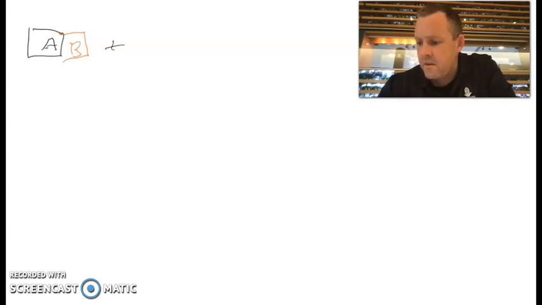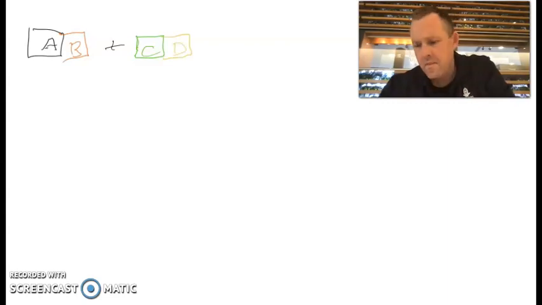Let's say my first ionic substance is made out of a cation A and an anion B. We're going to react that with a second ionic substance. In this case, the cation will be C, and the anion will be D.